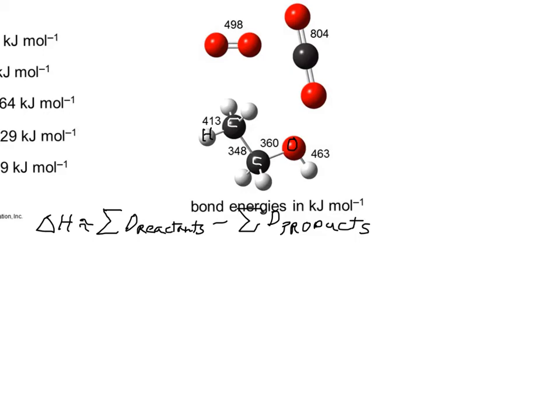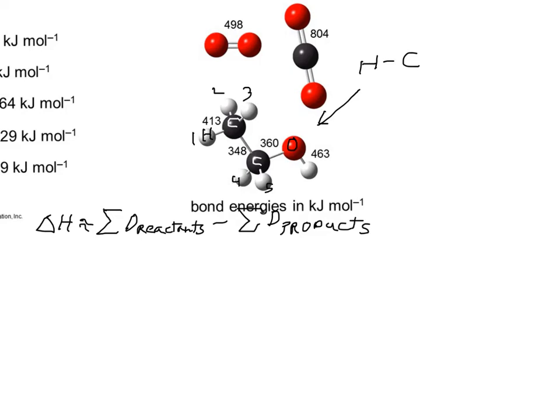When we look at our ethanol here, in this molecule of ethanol, how many hydrogen-carbon bonds do we have? We have 1 here, 2 here, 3 here, 4, 5. 1, 2, 3, 4, 5.